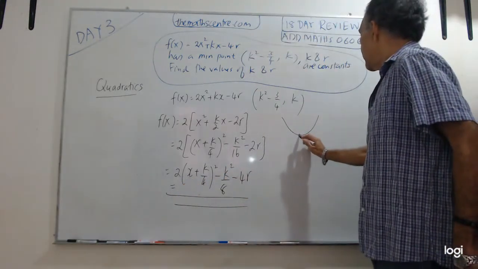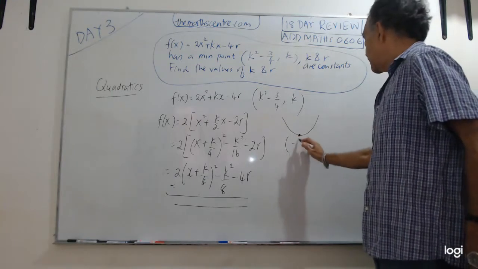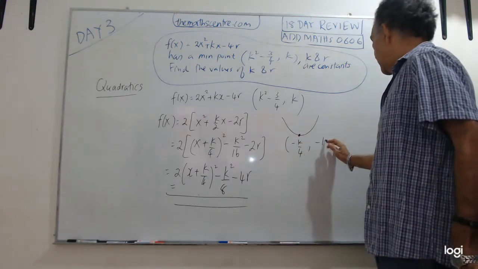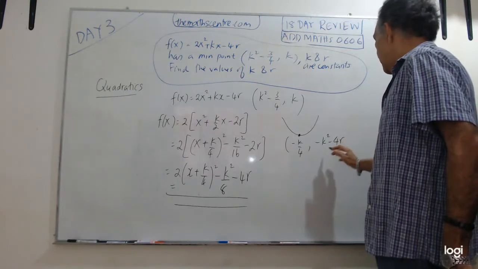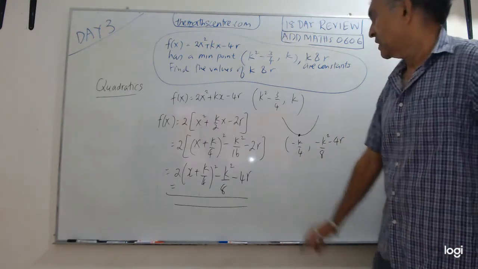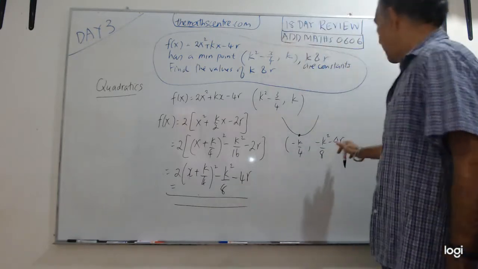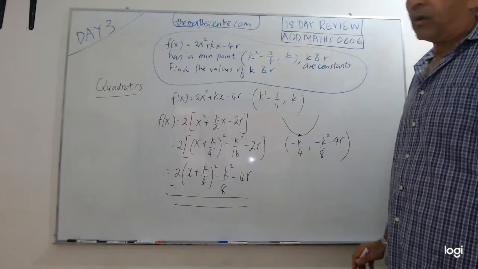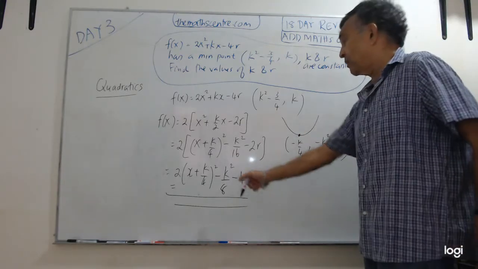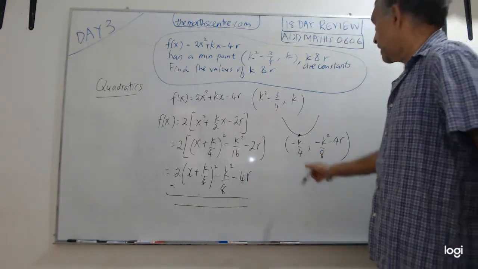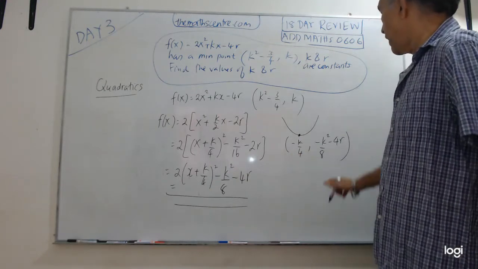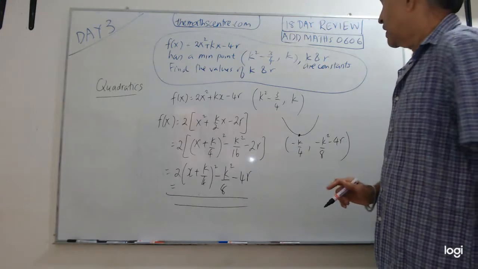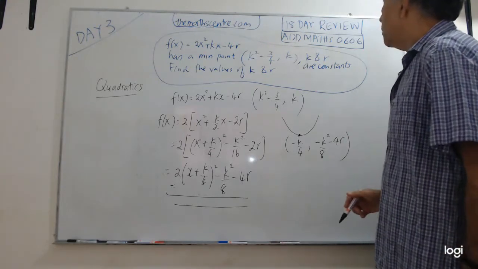So the coordinates here will be minus k over 4 and minus k squared over 8 minus 4r. Those are the coordinates of the minimum point from our calculations. The x value is minus k over 4, and the y value is minus k squared over 8 minus 4r. Now what's left? We need to compare with what they've given us.